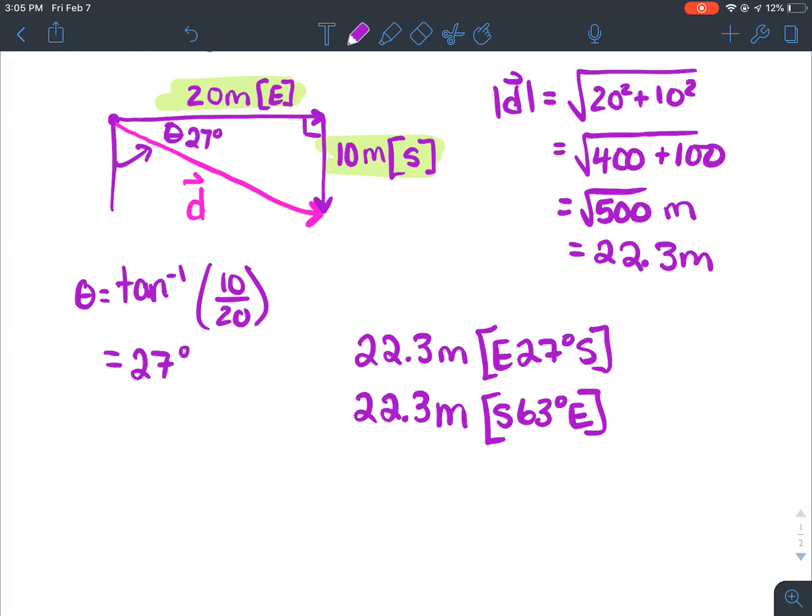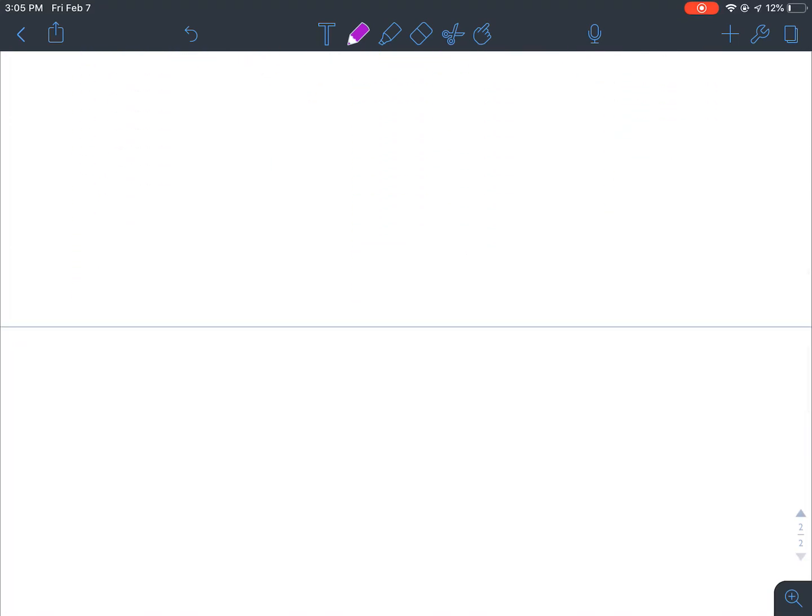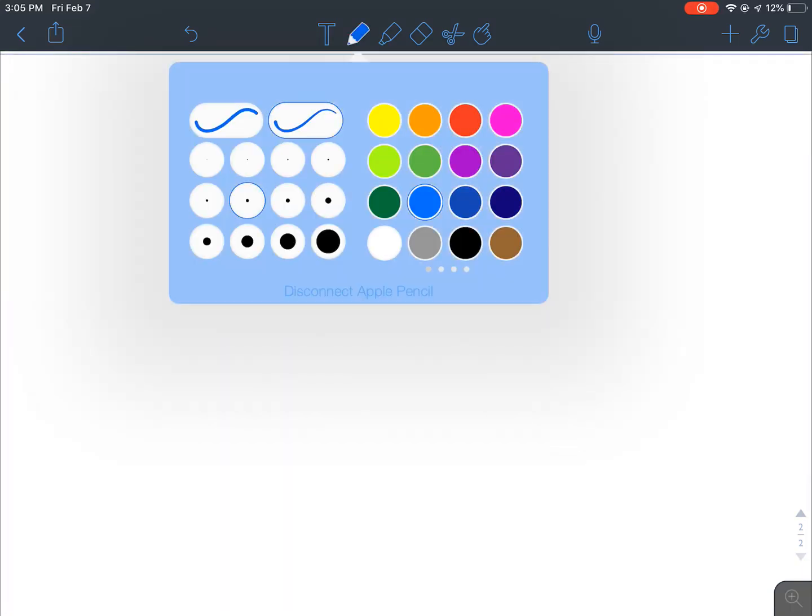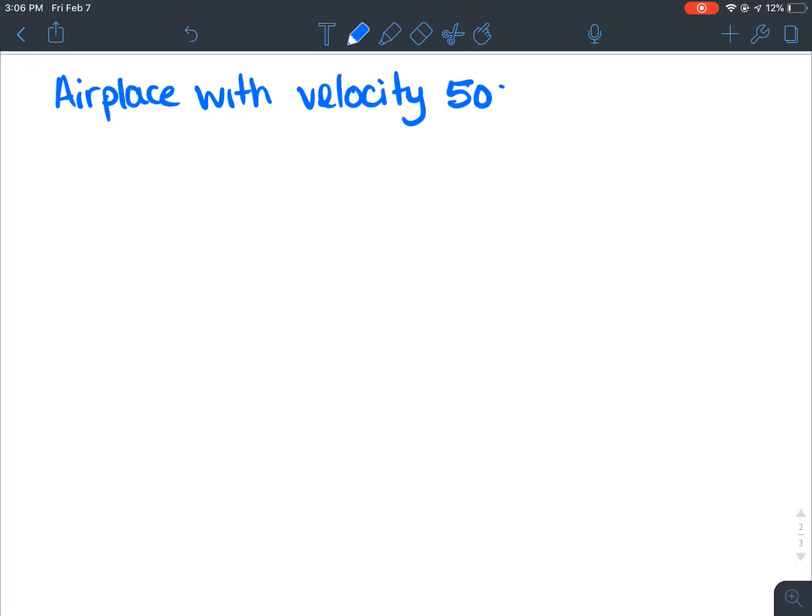So that was displacement. Let's try a velocity one. Let's say you have an airplane, since that's what we were doing in class. For this question, we have an airplane with an airspeed of 500 kilometers per hour, flying at a bearing of 40 degrees.